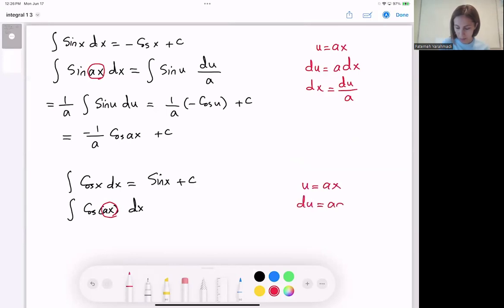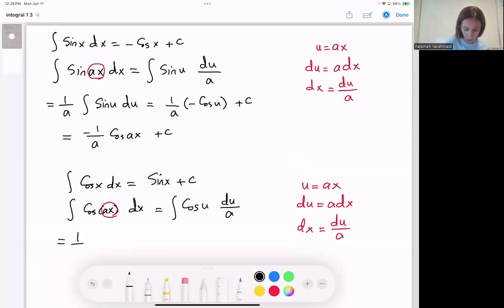du is a dx, or dx can be written as du divided by a. So this can be written as the integral of cosine u du over a, or 1 over a integral of cosine u du, or 1 over a sine u.